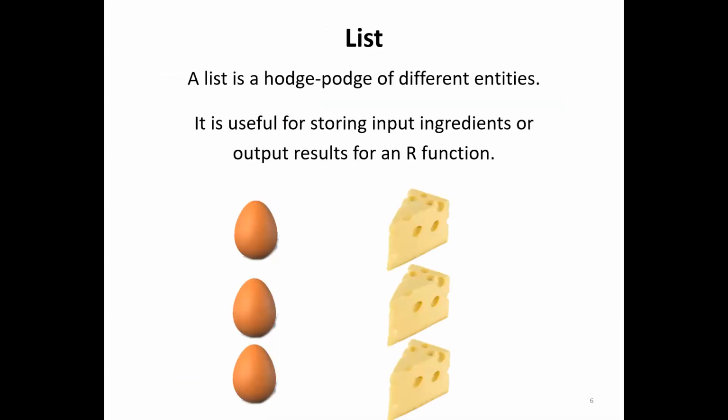Good. Now a list is an extension of a vector if you want, but it's literally a hodgepodge of different things you might need to work with. So you can use lists both as a feeding input into your functions, for instance, or as an output storage device. So a function can return different things. It can return a fitted model. It can return the coefficients for that model, the fitted values, the residuals.